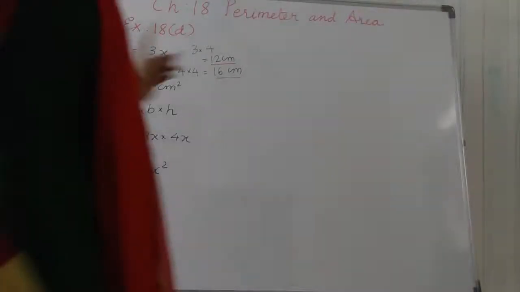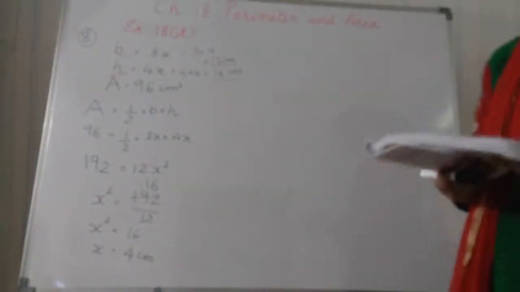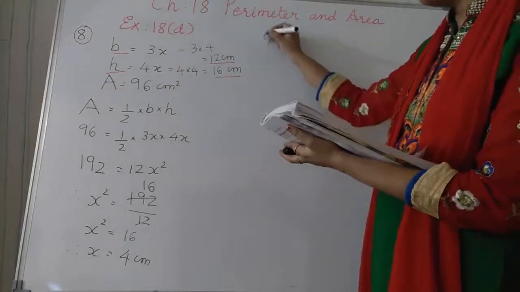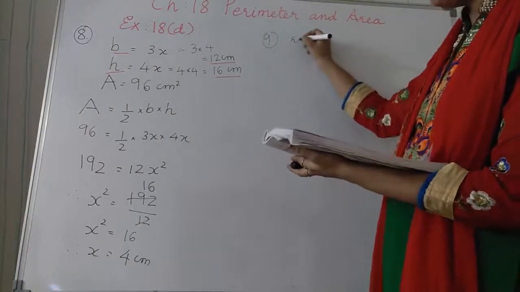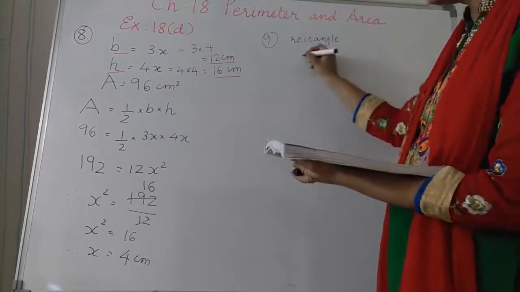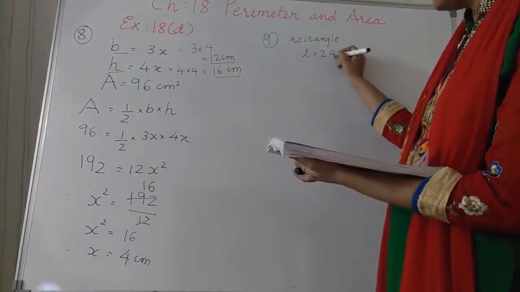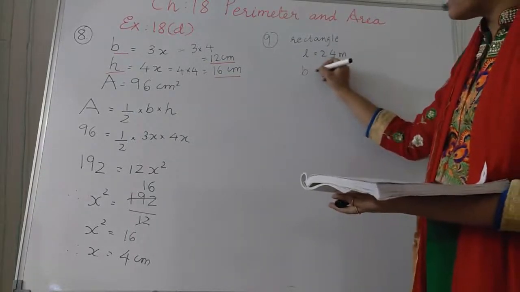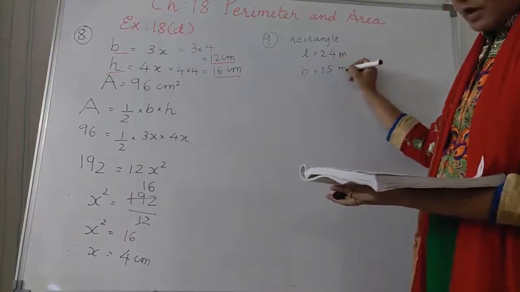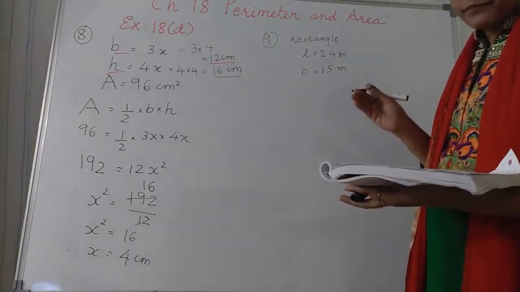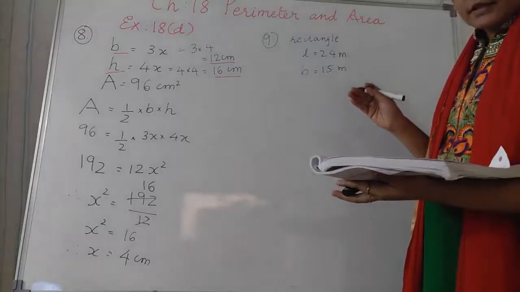Now taking the last question of this exercise, question number 9. A rectangular field is 24 meter long. See, now the shape given is a rectangle, right? And its length is given as 24 meter and 15 meter wide, means its breadth is 15 meter. Students, how many triangular flower beds, each of base 3 meter.